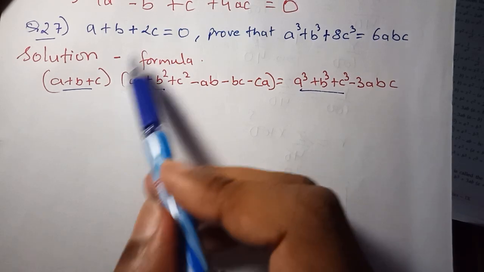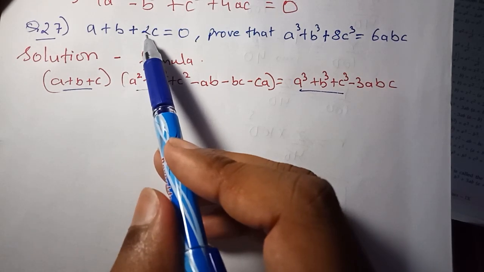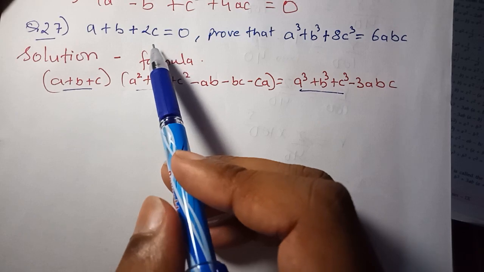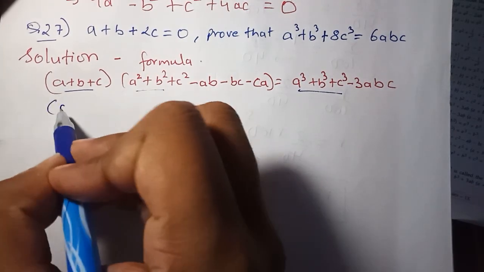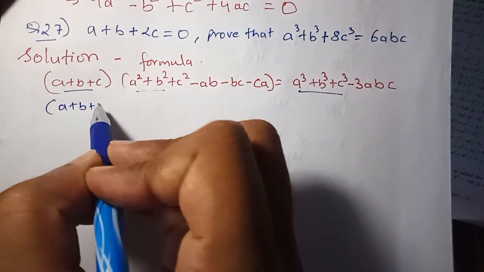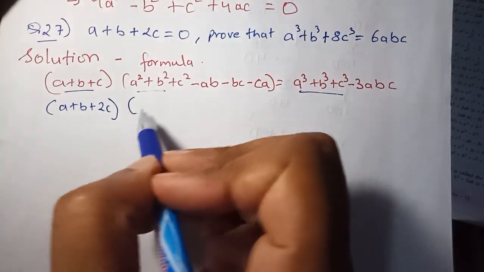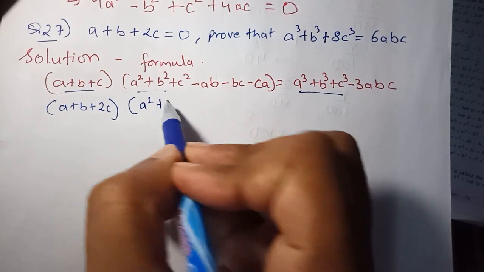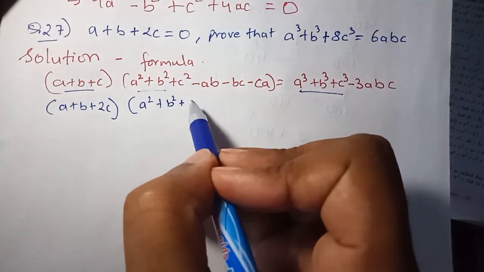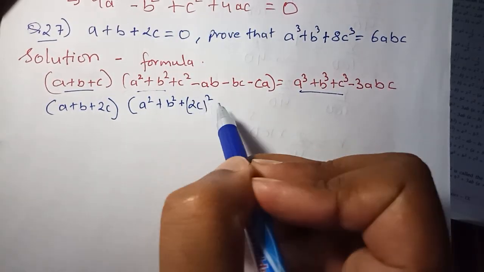Now c's place is taken by 2c, so I'm going to write down the formula a plus b plus 2c. So I'm writing the question according to the formula, that is a square plus b square plus 2c whole square.